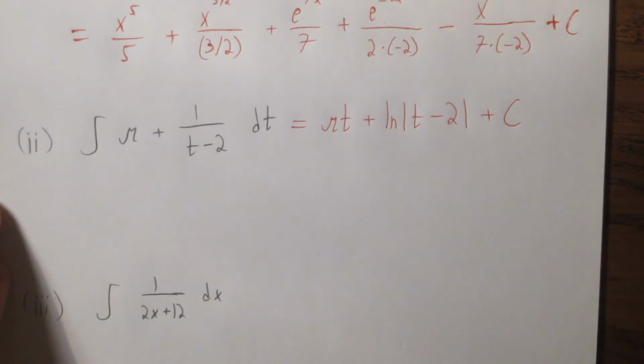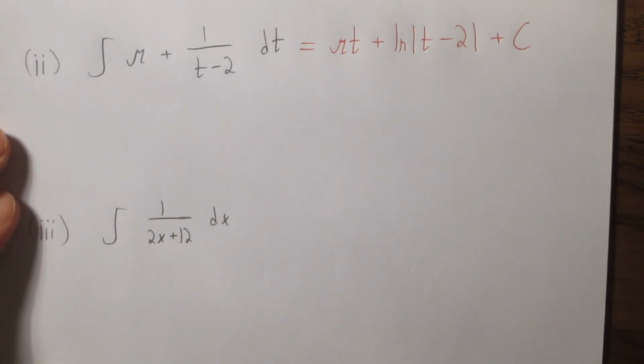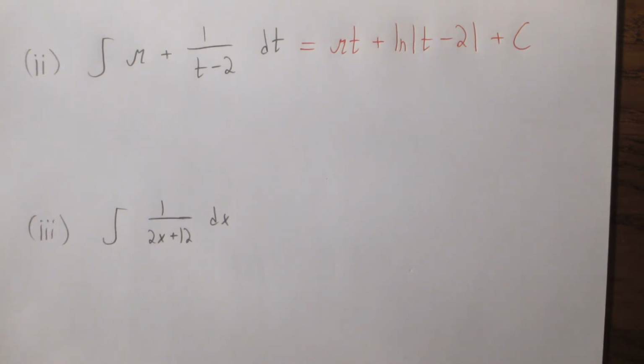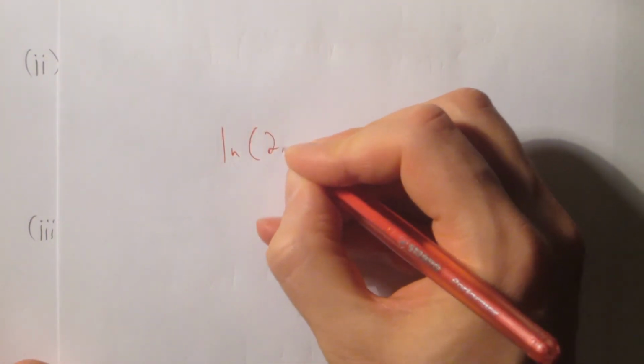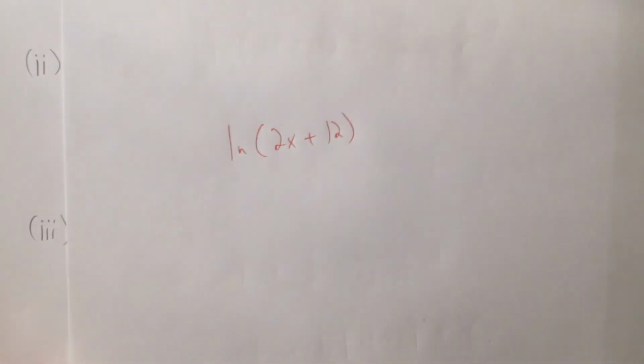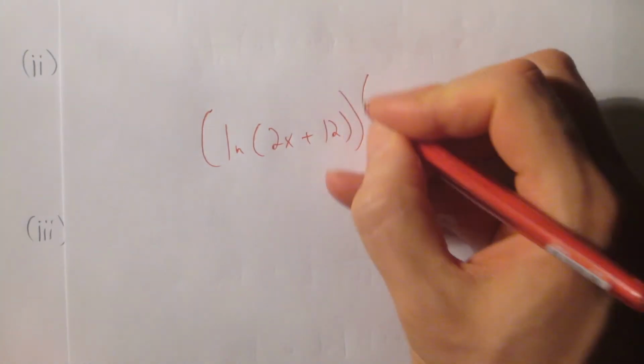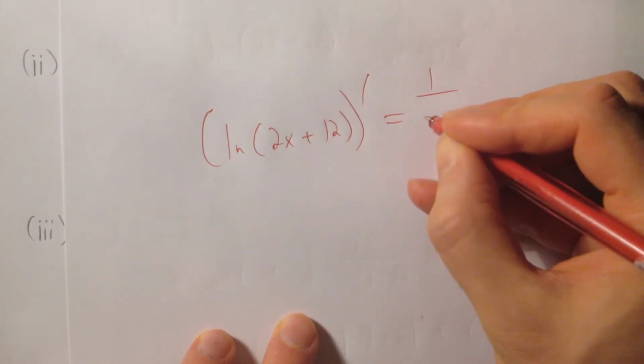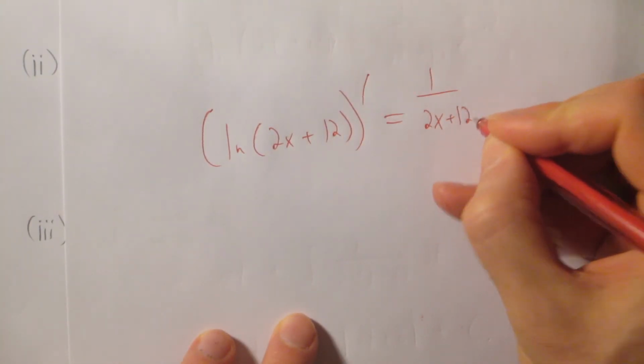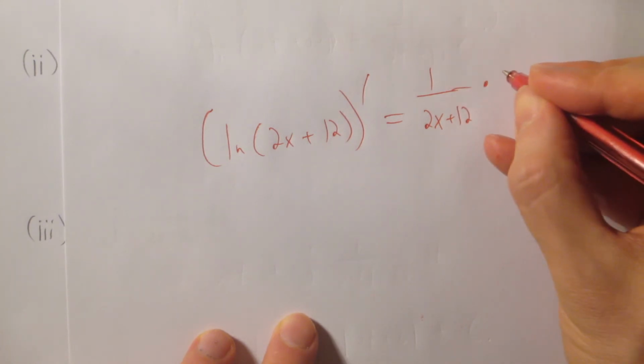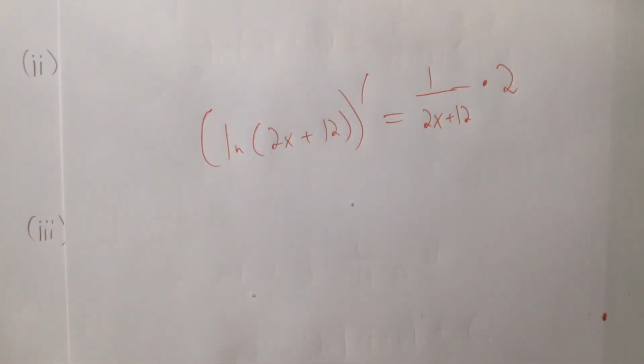Well, plus e, yeah. But here you should not be tempted to say that the answer is ln of 2x plus 12 plus e, because if you differentiate this, you would use the chain rule. You would get 1 over 2x plus 12 times 2.